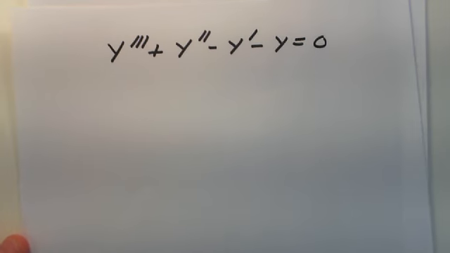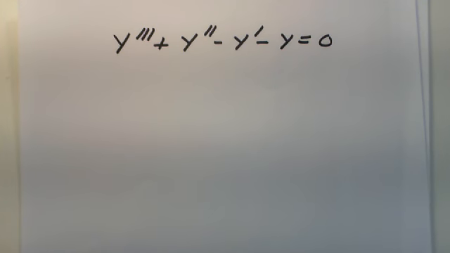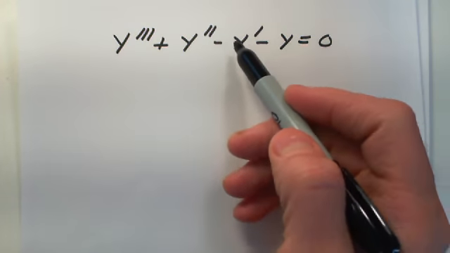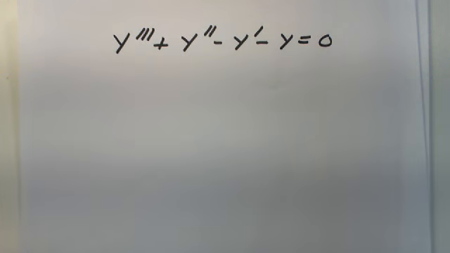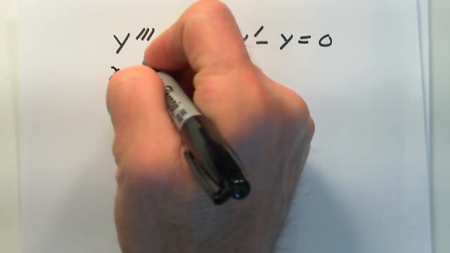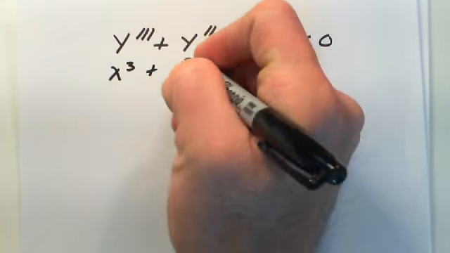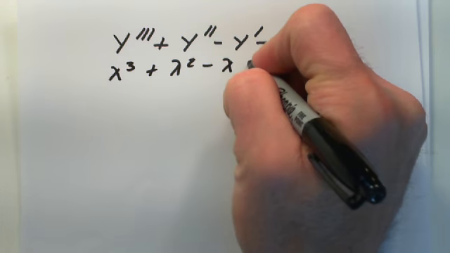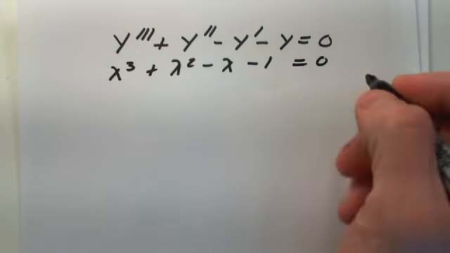All right, let's look at another example. The other example that I've come up with is this differential equation here. We have y third prime plus y double prime minus y prime minus y. We're going to go ahead and solve that one. Again, we're going to go back to lambda cubed plus lambda squared minus lambda minus 1 is equal to 0.